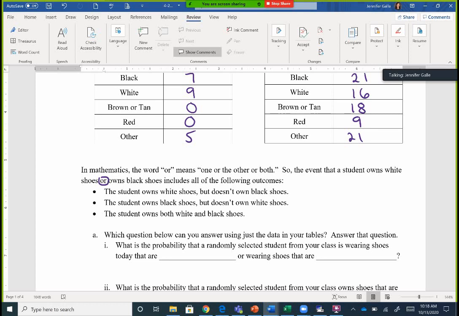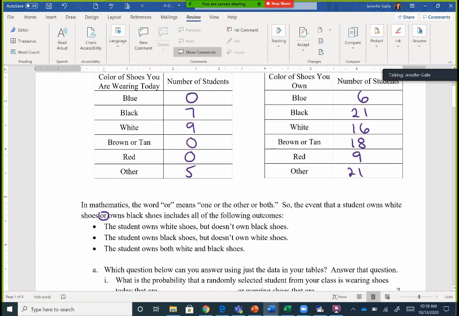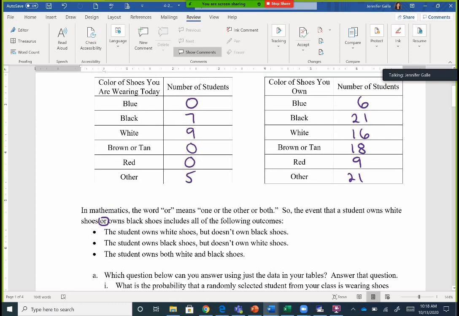The student owns white shoes but doesn't own black. The student owns black shoes but doesn't own white. The student owns both white and black. So all of those cases would have to be considered if we're looking at students that own white or black shoes. So I always have to wait to fill in the pieces till I get my data.